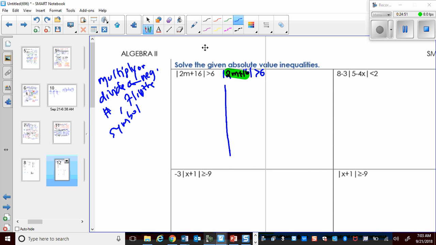Creating my table, I have 2m plus 16 is greater than 6. And I know I'm going to solve for the variable there. I want to get out the other half of solving linear inequalities. The distinction between solving linear inequalities and solving them with absolute values is that you're not only going to change the sign of this number here, you're also going to flip the symbol.